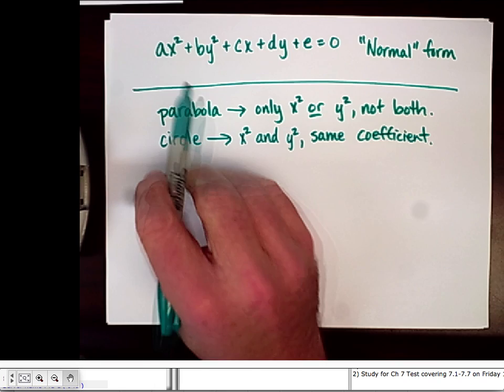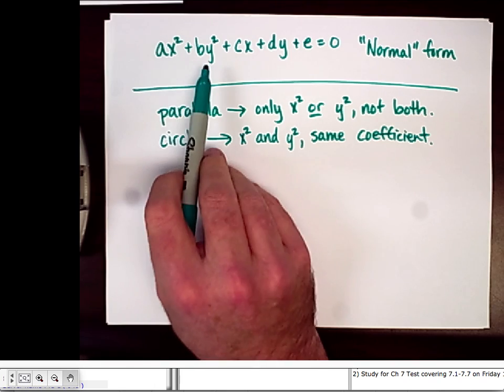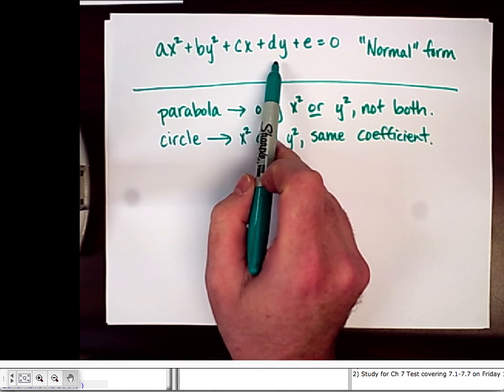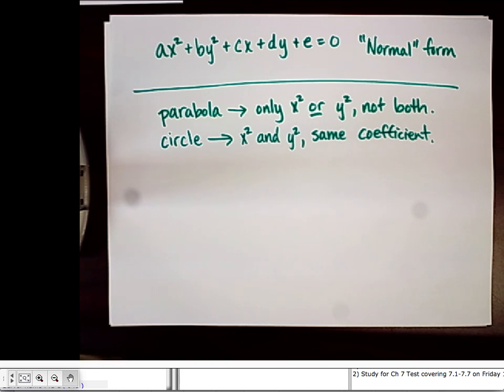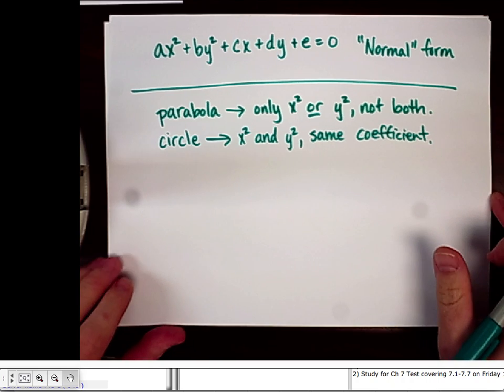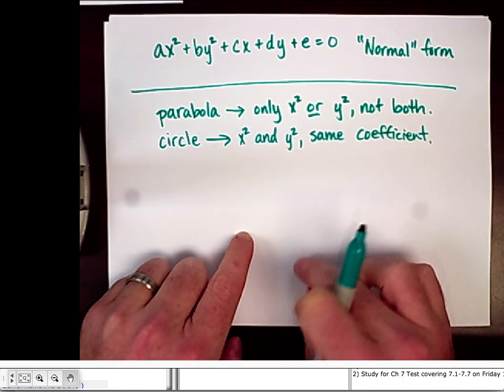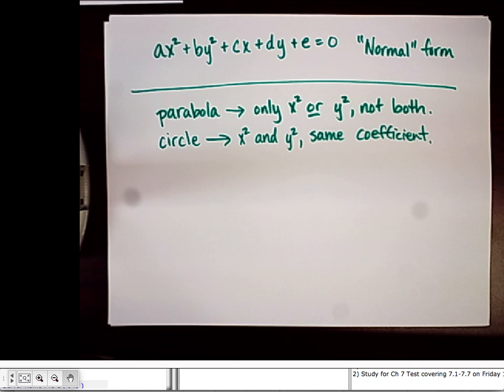So it would be like x² + y² + 7x + 10y + 15, where they both had a coefficient of 1. But it also works if you had 8x² + 8y² plus other things. So you have an x squared and a y squared, and they have the same coefficient. That's a circle. Which makes sense. Your x squared and your y squared, it's a constant radius. So in the x direction and the y direction, it's constantly the same. So they have the same coefficient.